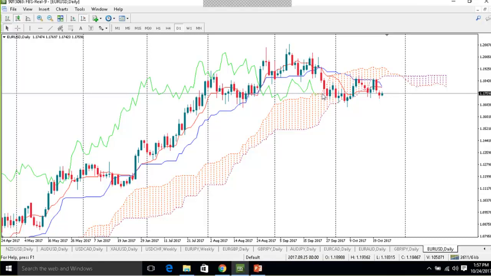Trade if Chinko breaks the cloud? Yes, certainly. And you need to understand that here there is just, well, general logic of the things here.